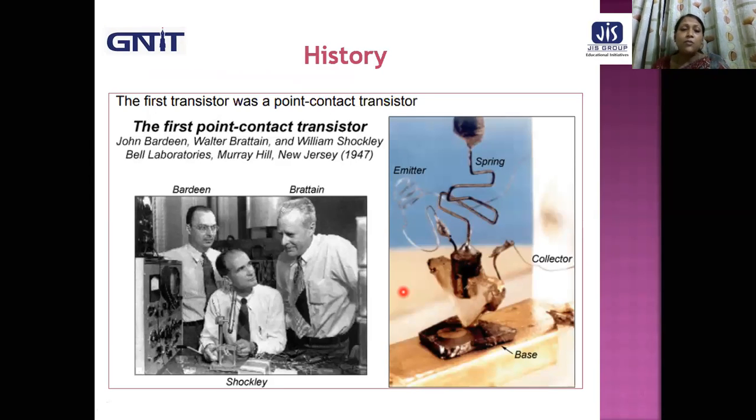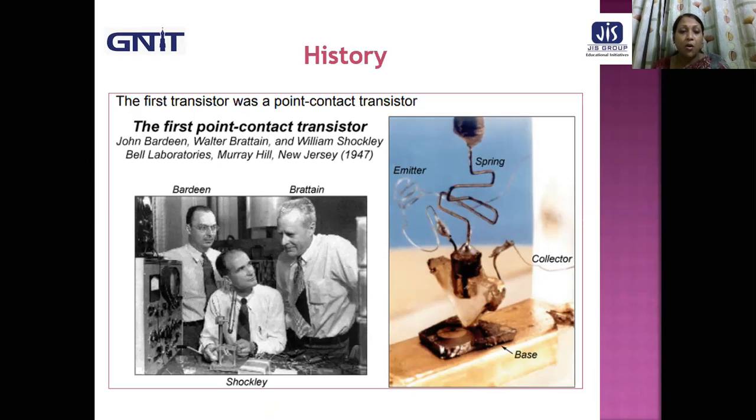So let us start with the history of BJT or bipolar junction transistor. The first transistor was a point contact transistor, invented by John Bardeen, Walter Brattain, and William Shockley at Bell Laboratories in New Jersey in 1947.